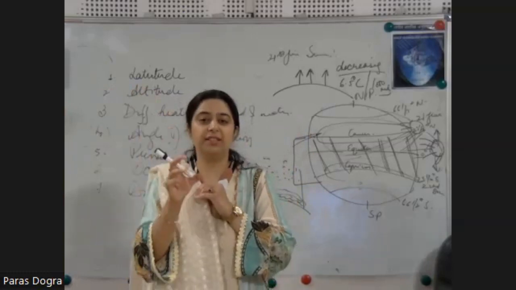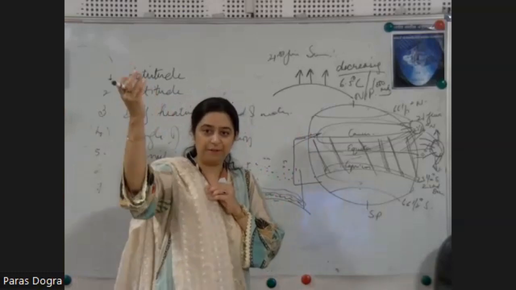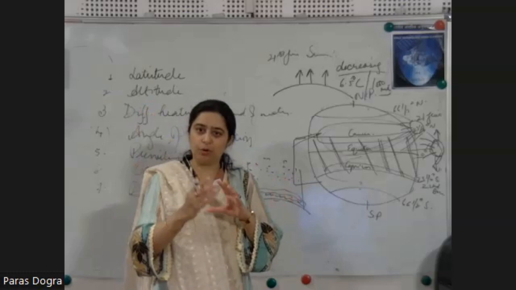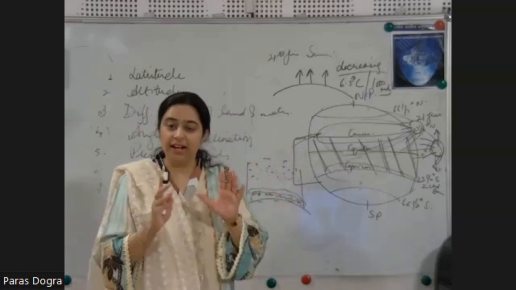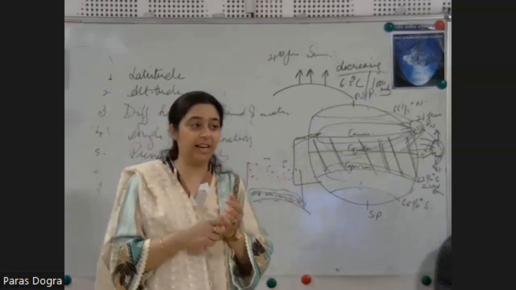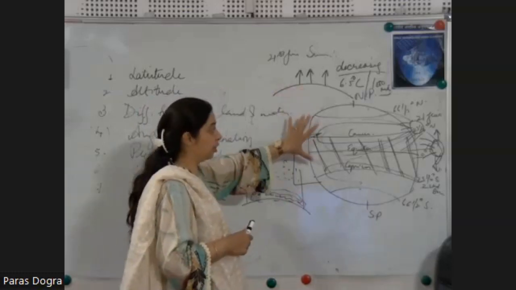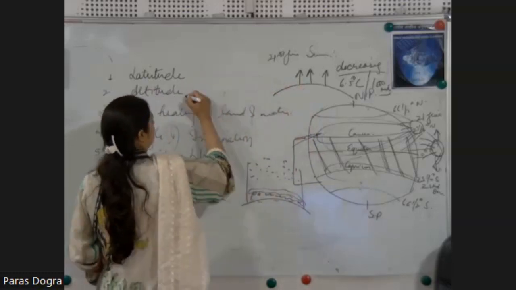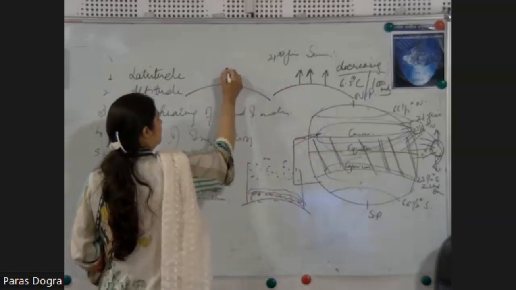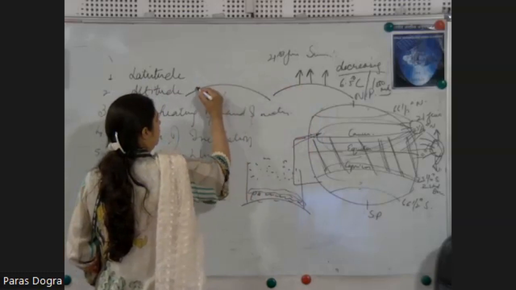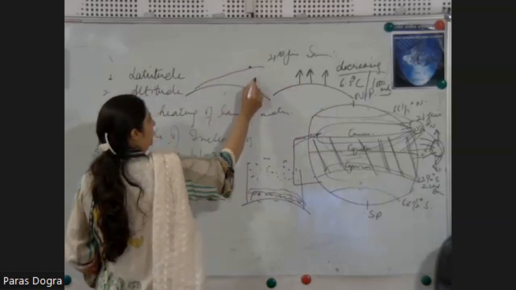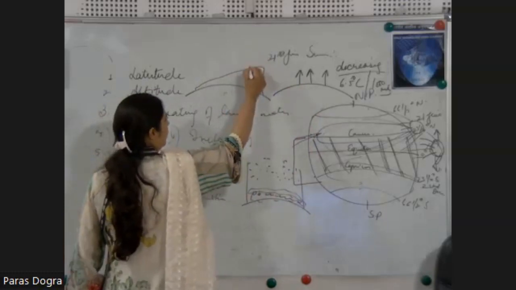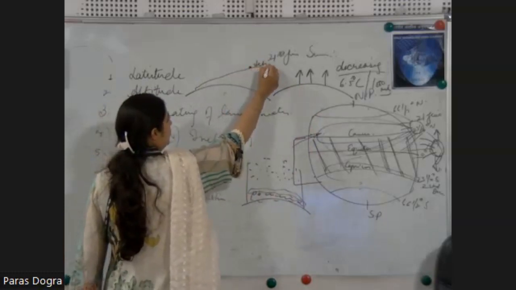Only insolation is high. Insolation is what? Incoming solar radiation. Not retention, only incoming solar radiation, that is insolation. And insolation is quite high in hilly areas. Again, the reason is that the atmosphere is quite clear there. Suppose in our state, I would like to mention the place Leh.